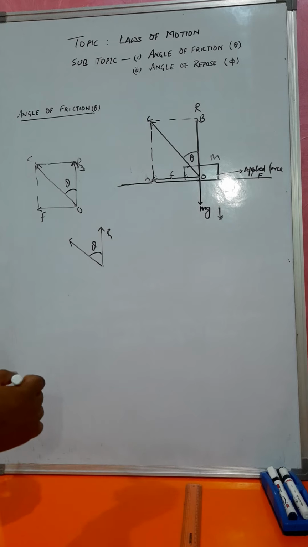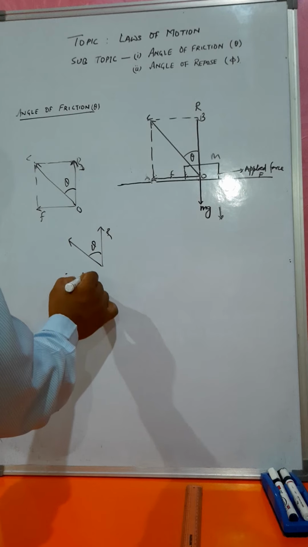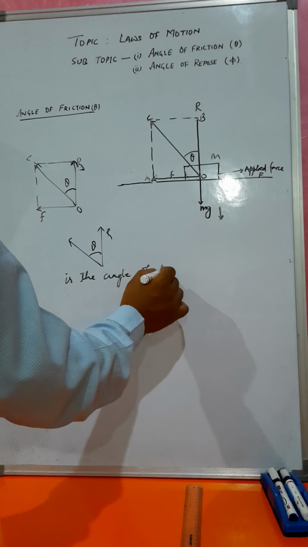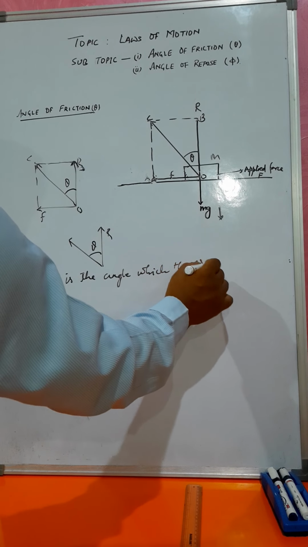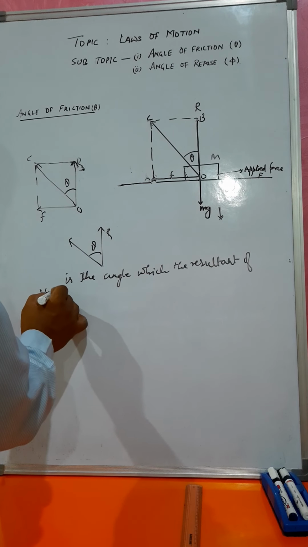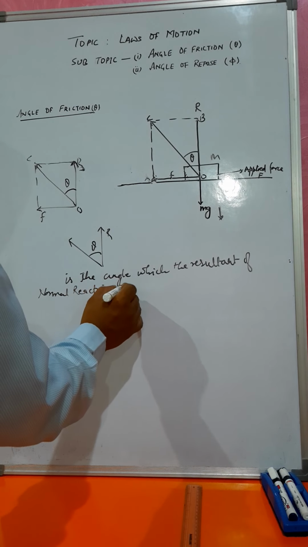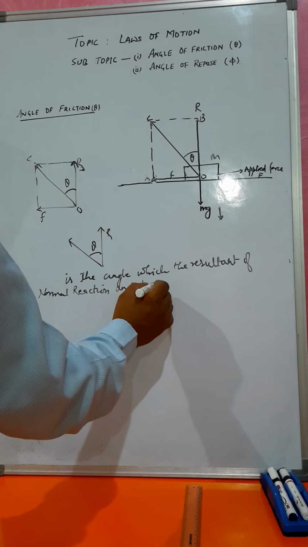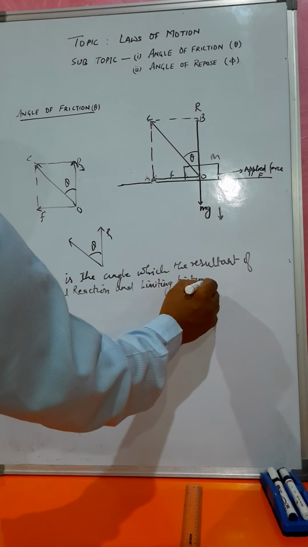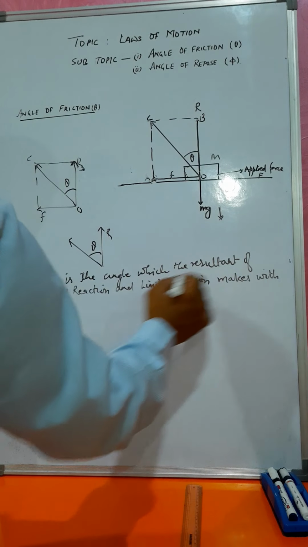So once again, angle of friction is the angle which the resultant of normal reaction and limiting friction makes with normal reaction.